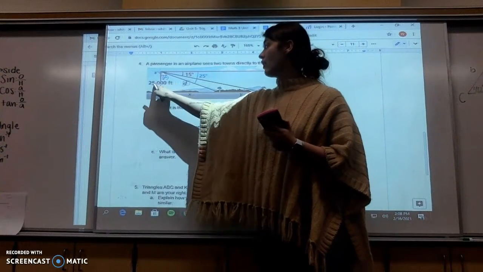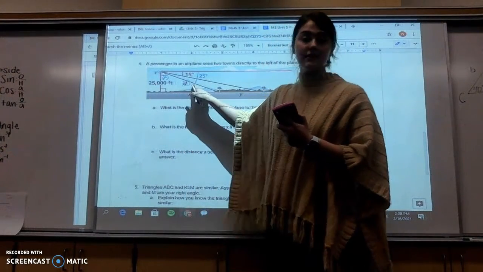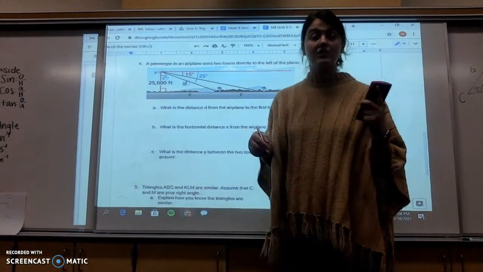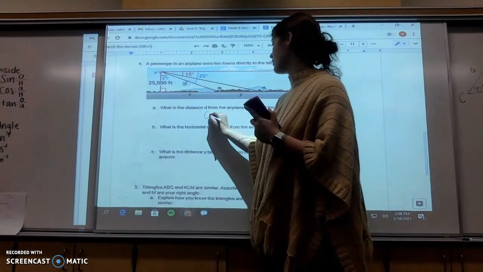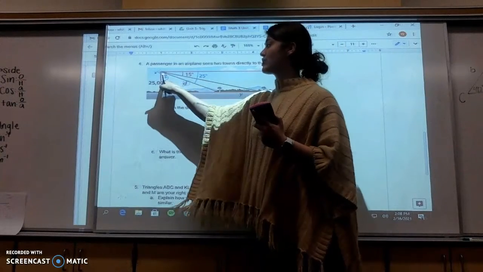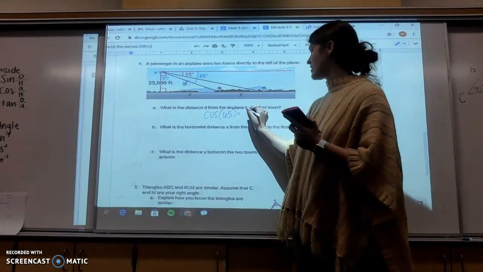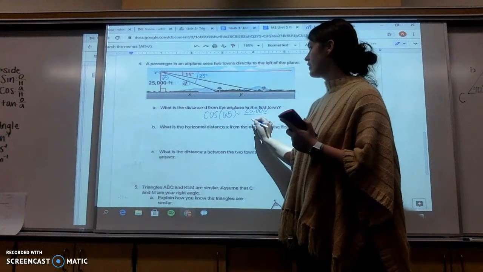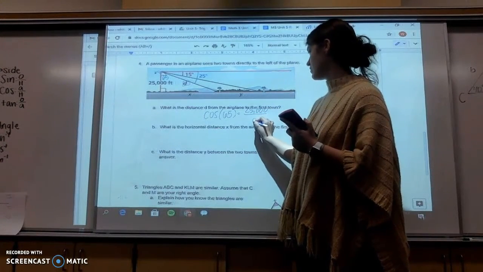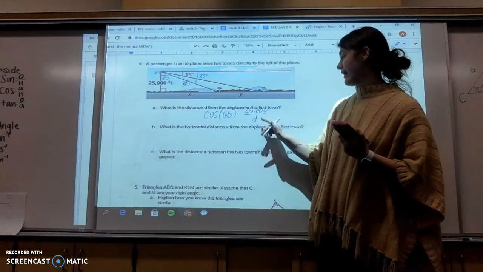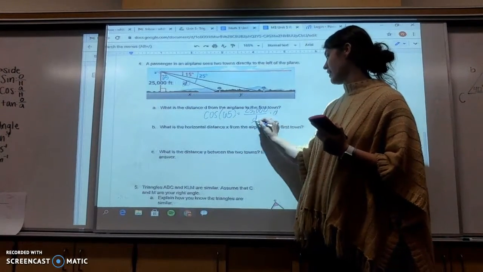So 65 in relationship to my D. I have adjacent and I need to find hypotenuse. So this means I'm going to use cosine. So I'm going to use cosine of 65, because my angle measure is equal to my adjacent, 25,000, over my hypotenuse. Now I need to get d by itself. Multiply by d to get it off the bottom.